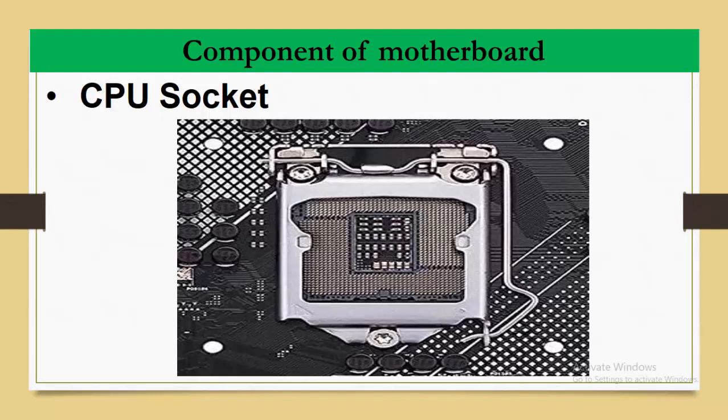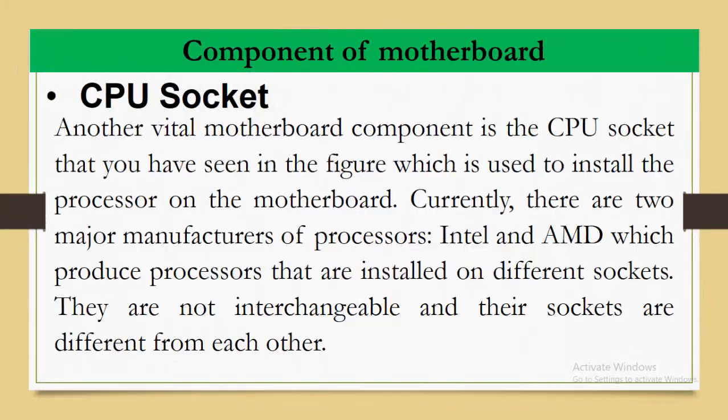Both Intel and AMD have released various sockets in the past decades that support a particular generation or generations of processors. Some of the important sockets are explained here. I will explain them, and they are the types of socket. Okay, the first one is socket 7, listed on the next page.